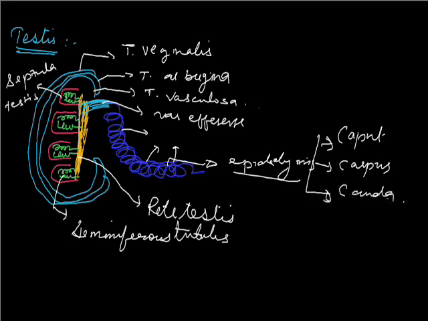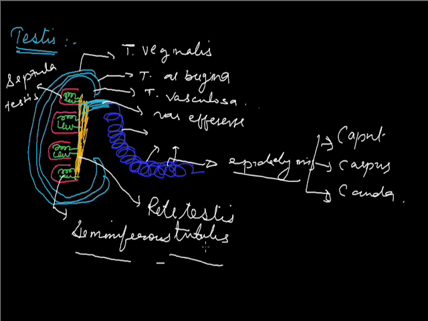Understood? So once again, we'll see the structure of the testis. It is covered by the 3 membranes: the tunica vaginalis, the middle one the tunica albuginea, and the innermost the tunica vasculosa. Inside the testis, it is divided into small sections, or septums, which are known as the septular testis. Inside each septular testis, we can see 2 to 3 tubular structures which are known as the seminiferous tubules.